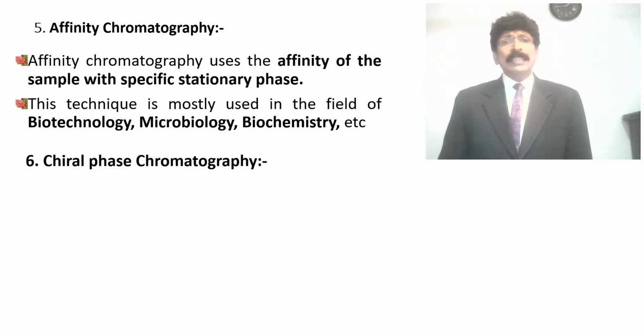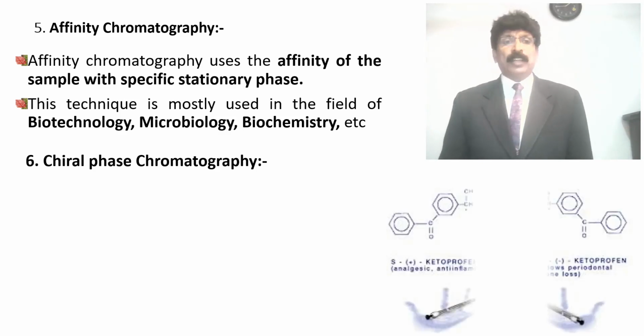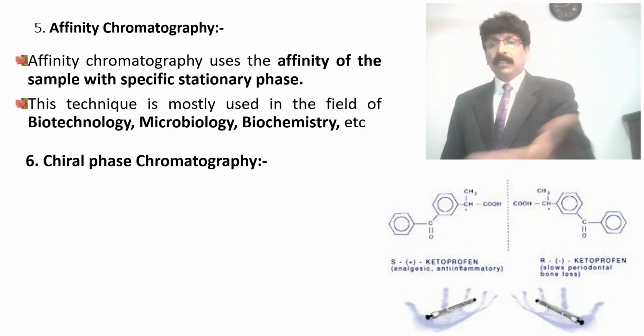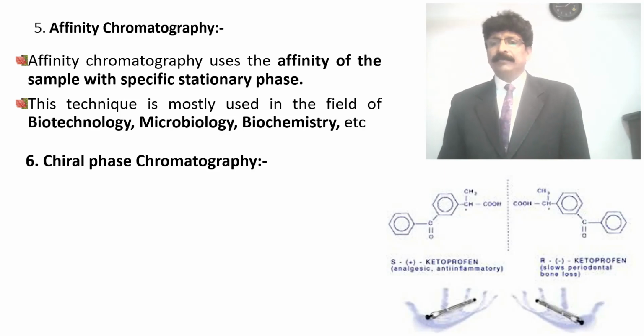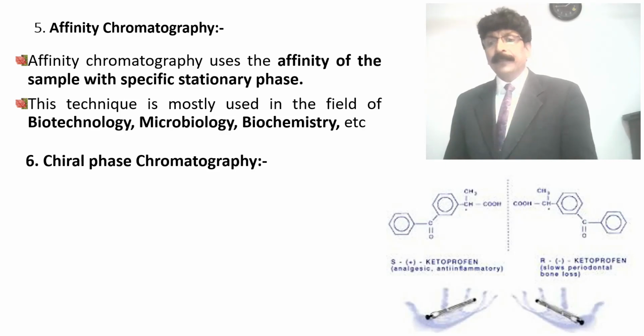Now this chiral phase chromatography, we can see this picture. Ketoprofen of dextrorotatory or S configuration, an analgesic anti-inflammatory drug, and ketoprofen in levorotatory R configuration, slows periodontal bone loss.